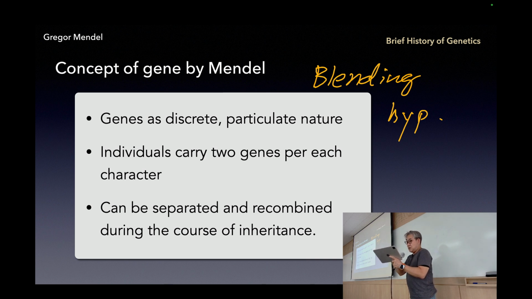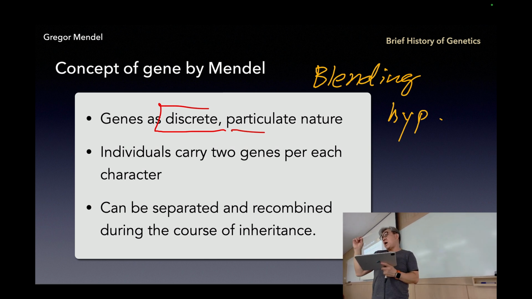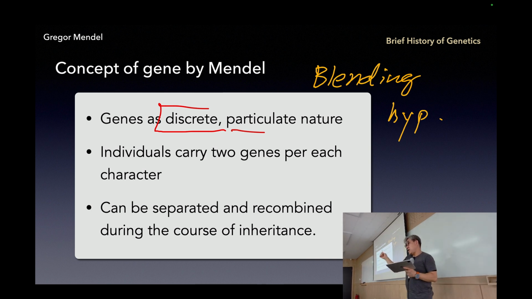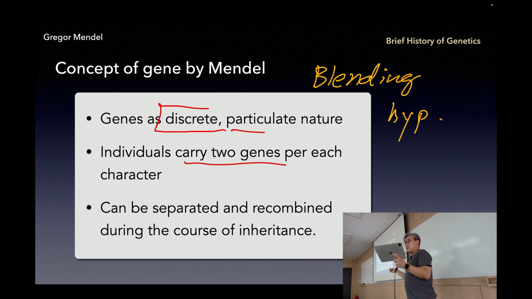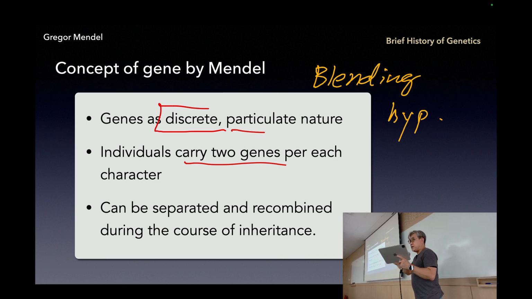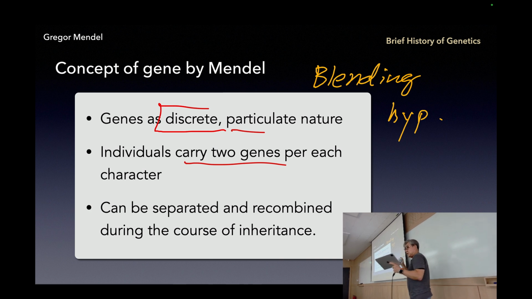And then, on the contrary to this leading idea, his idea was that genes have a discrete, particulate nature, something like this stick. Genes are something like this stick. And another thing is pairs. Every individual, regardless of humans, animals, or plants, each organism can carry two, not a single, but two genes per each characteristic.